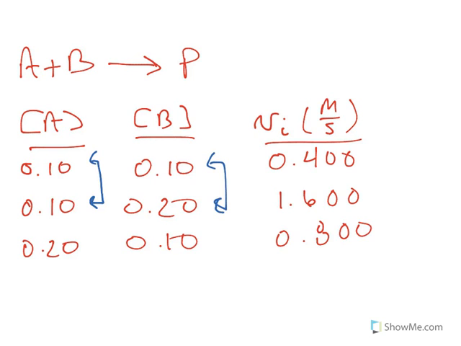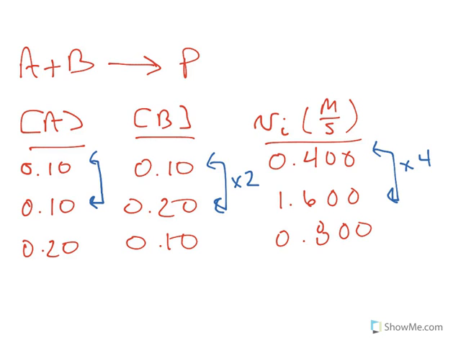So I did vary B from experiment 1 to experiment 2. And I happen to double it here. Okay, what happened to the rate in that change? The rate went from 0.4 to 1.6, so it went up by a factor of 4.